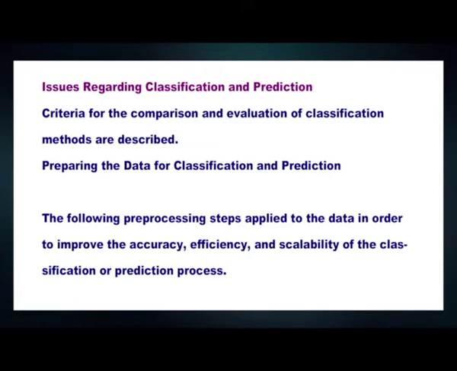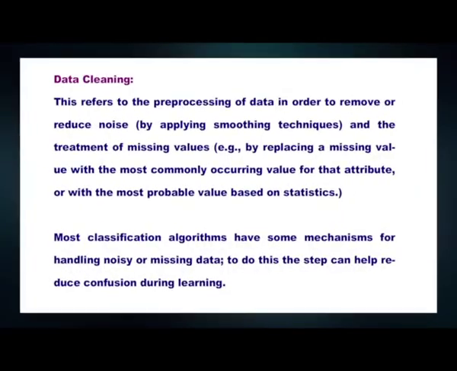Next, we are going to see how to prepare the data for classification and prediction. The following pre-processing steps apply to the data in order to improve the accuracy, efficiency and scalability of the classification or prediction process. The first and foremost step is data cleaning. This refers to the pre-processing of data in order to remove or reduce noise by applying smoothing techniques and the treatment of missing values.